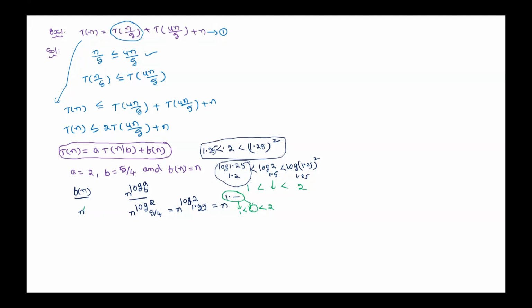Does n power log a base b have the higher order of growth, or f of n? Which has higher order of growth?